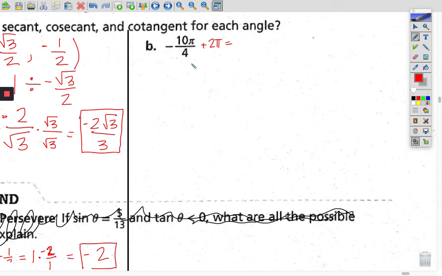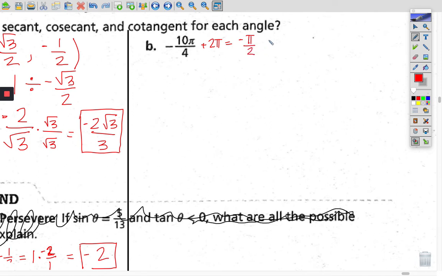Remember, you're not going to put the pi symbols when you add up, so negative 10 over 4 plus 2. What'd y'all get? Negative 10 over 4 plus 2 should probably give you negative pi over 2, right?